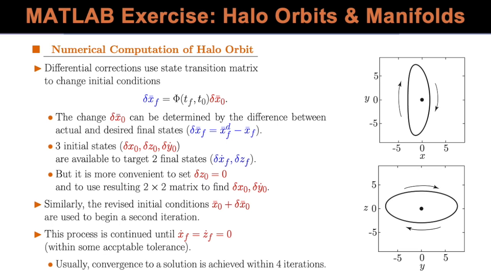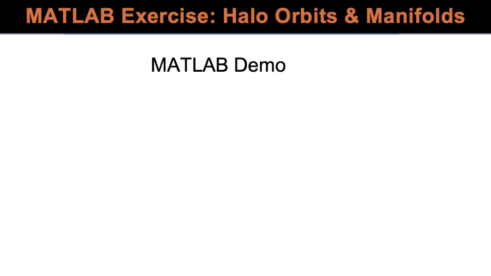The process is continued until the x and z velocity at the final crossing are zero. Not exactly, but within some acceptable tolerance. I forget what I put in there, maybe 10 to the negative 80. Usually there's convergence to a solution within 4 iterations.